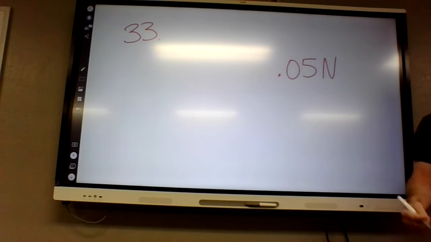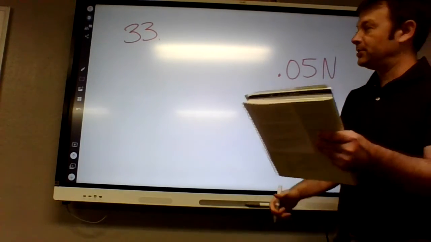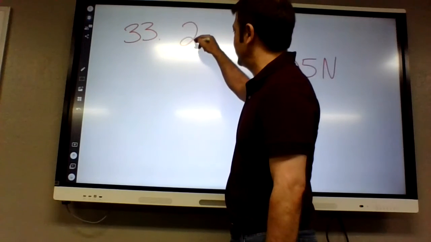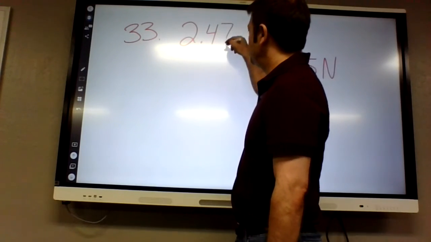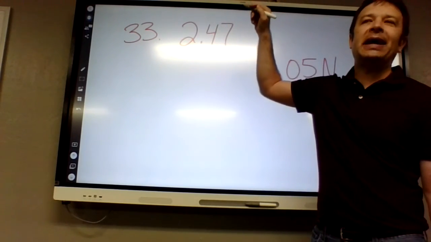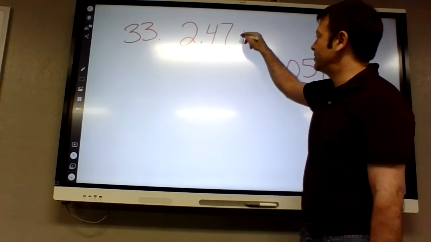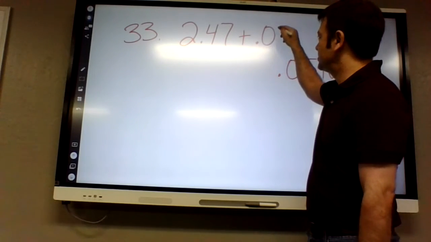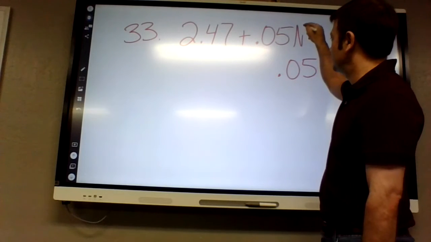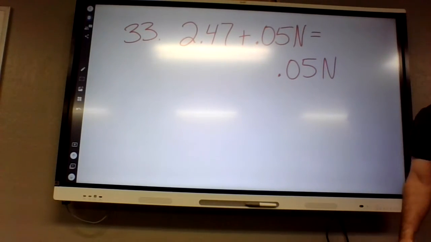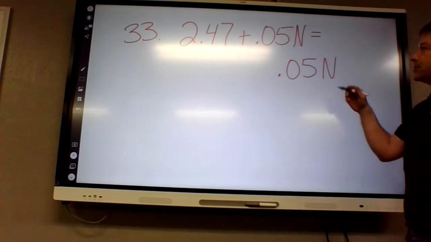that's the value of the nickels. So it says we have $2.47 already, and we're adding to that the nickels, which are worth 5 cents per nickel. And we want that value to add up to $3.12.